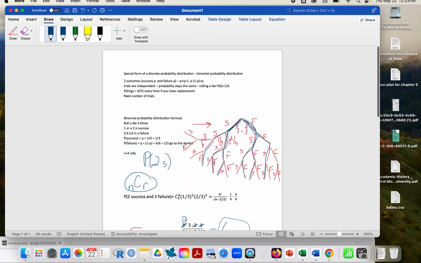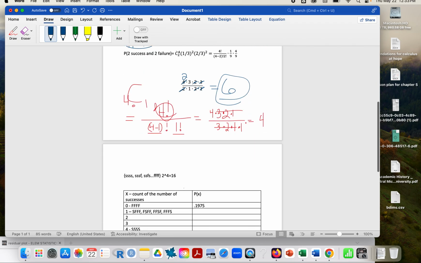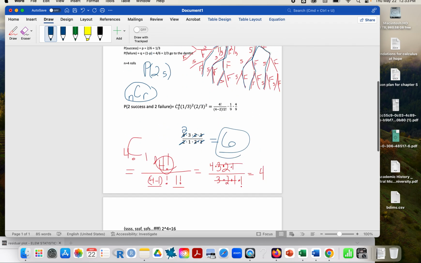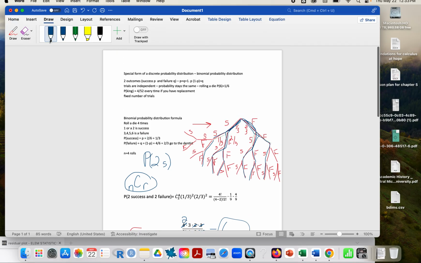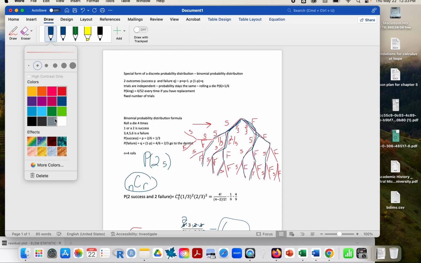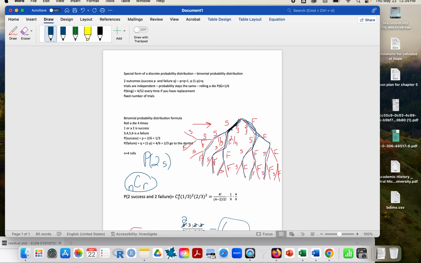If we travel back up, we're looking again for 1 success and 3 failures. Now let me do this with a different color. I will try it in black and see if it will show. Okay, so we want 1 success and 3 failures. Well, here's 1 success, and then failure, failure, and failure. So there's that path.